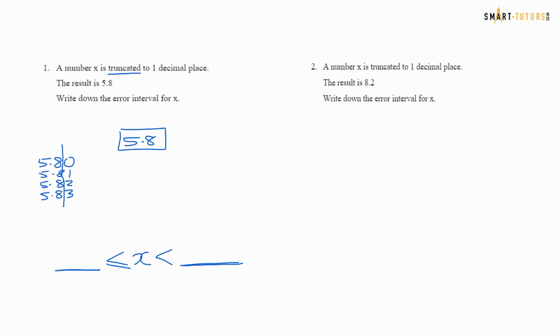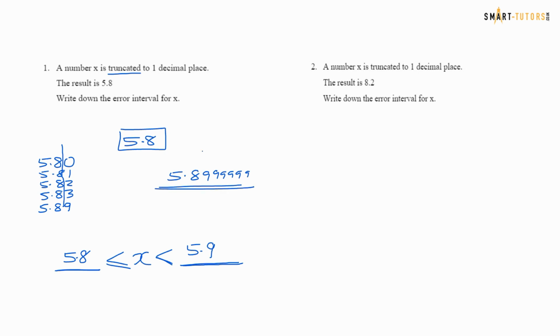All these numbers are gone, so 5.8 is the answer. The minimum number could be 5.80, so 5.8 is the minimum number. The maximum number can go up to 5.89. But if you look carefully at this one, there is no equal sign here, so you need to look for the next number up, 5.9. Anything less than 5.9, so 5.899999 or something like that, is also less than 5.9.